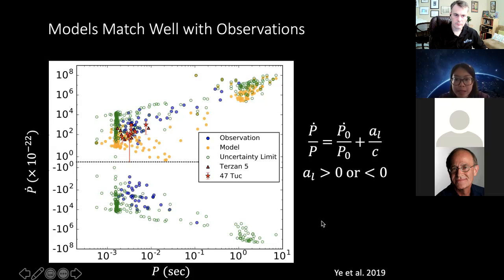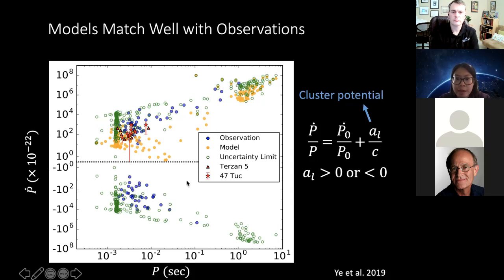So the line of sight acceleration of pulsars is greatly affected by the cluster's potential, and it can be either positive or negative, as is shown here. So that's why there are two sides of this plot, one positive, one negative. Basically, one orange dot corresponds to two green dots.